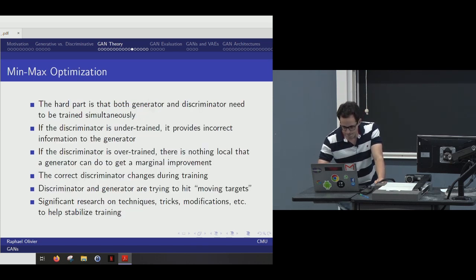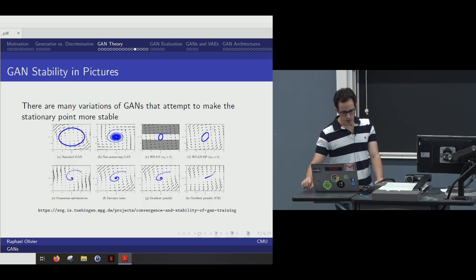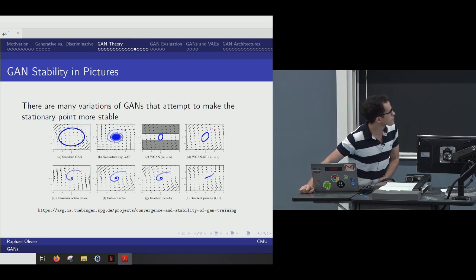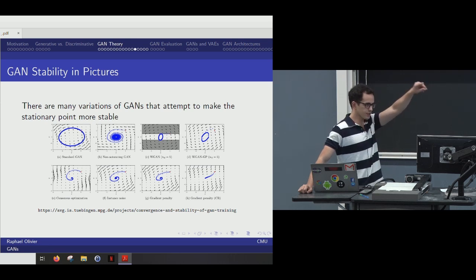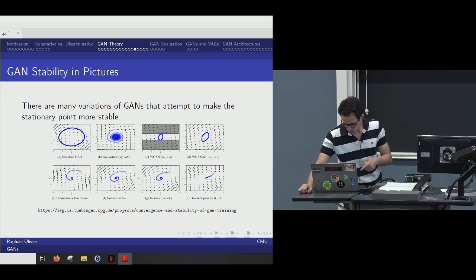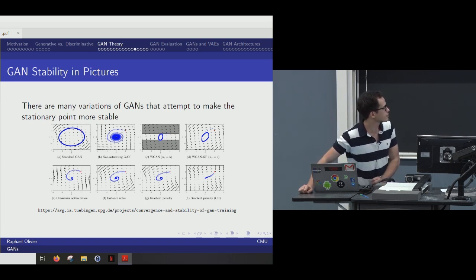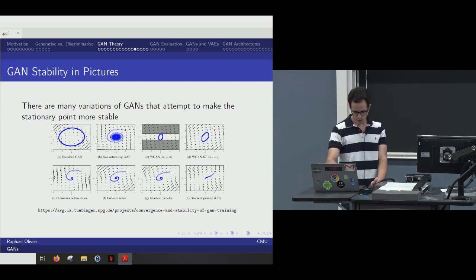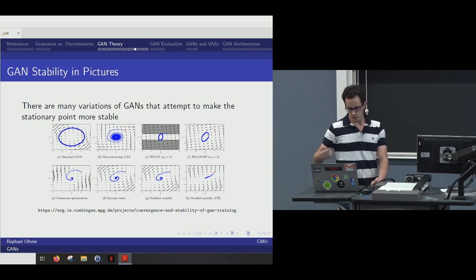So if you look at this, on the top left, you can see what the gradient directions would look like on a standard GAN. The others are some different versions of GANs, but we'll go over that later. You can see that in the middle, there is a stationary point where all the gradients are 0, but all the arrows go over that point and not toward that point.